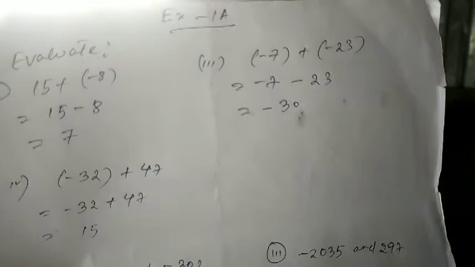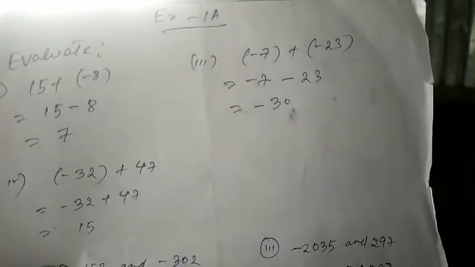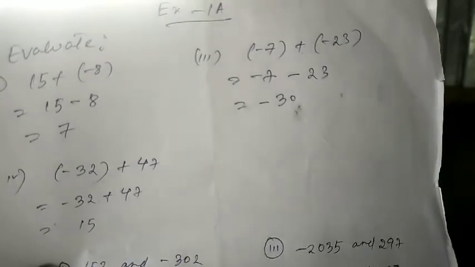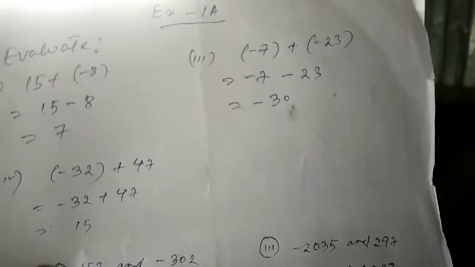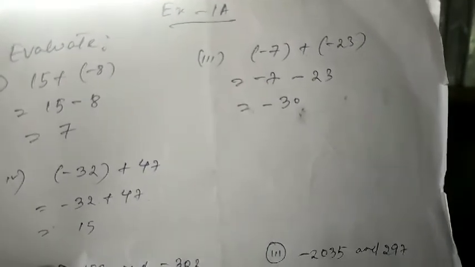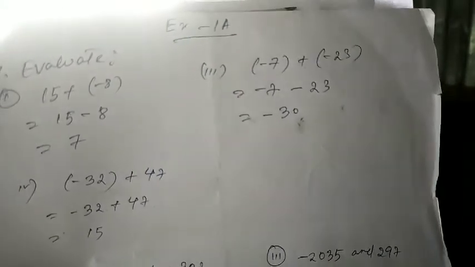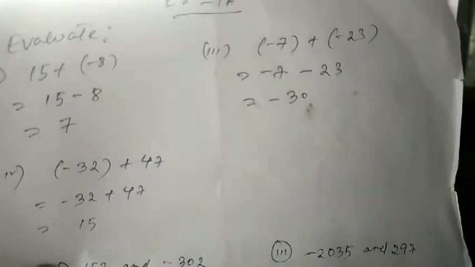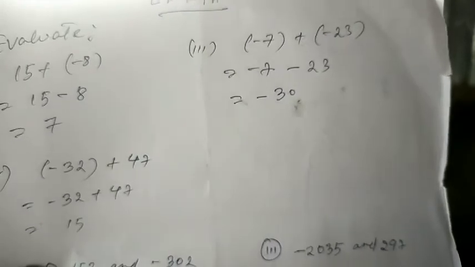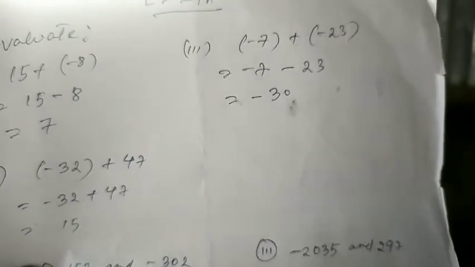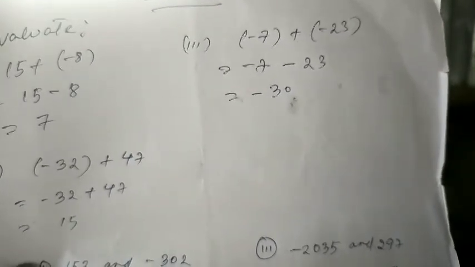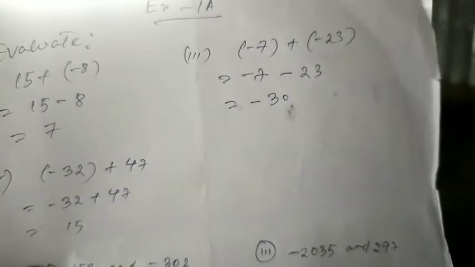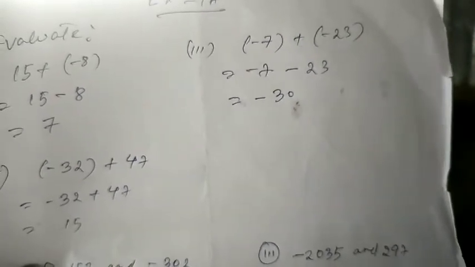Question number 3, bracket minus 7 plus bracket minus 23. See, if there is no sign, that means plus. In front of minus 7 there is a plus sign, so plus into minus always becomes minus. So minus 7, and again plus and minus 23, the bracket acts as into, so plus into minus becomes minus again.